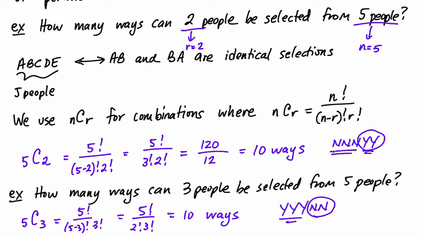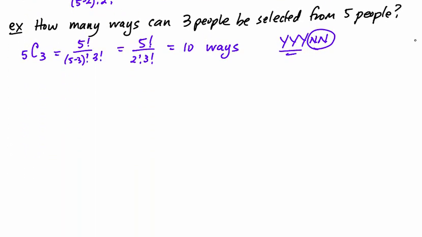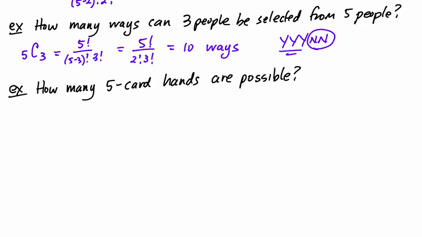Now we can go back to the poker question we looked at previously and figure out how many 5-card hands are possible. When we looked at this previously, we did it as though the order did matter, using the fundamental counting principle with 52 times 51 times and so on.